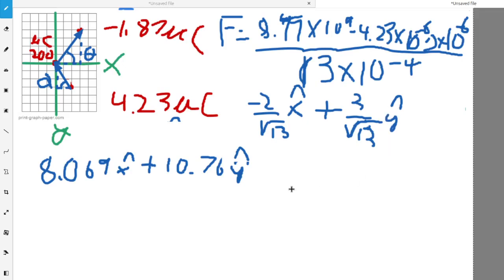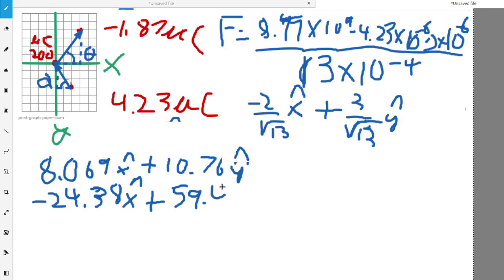And we get negative 24.38 x hat plus 59.44 y hat. Just put that in your calculator or your computer algebra system. It looks hard, but it really isn't. It is involved. That's the force.